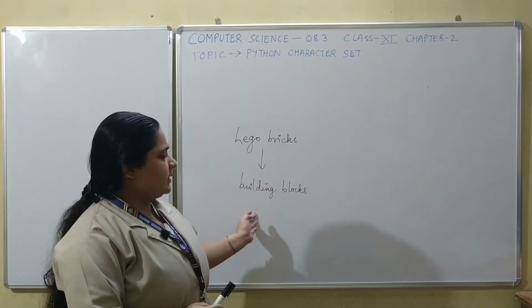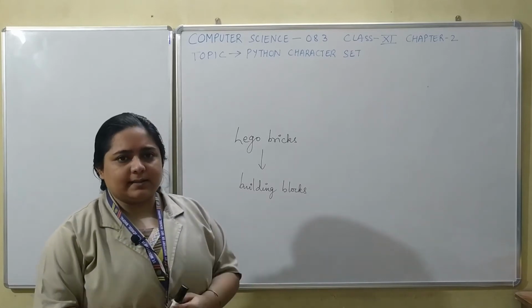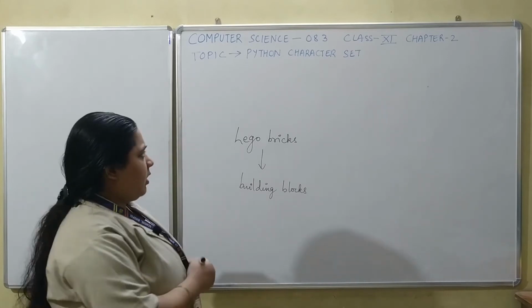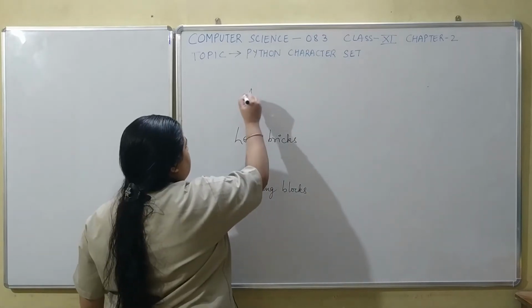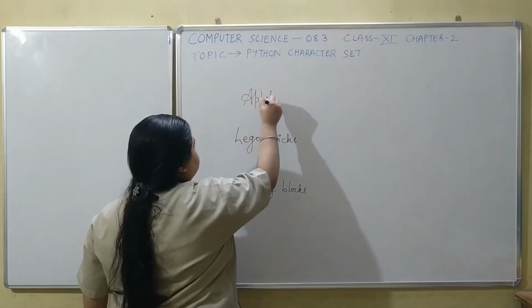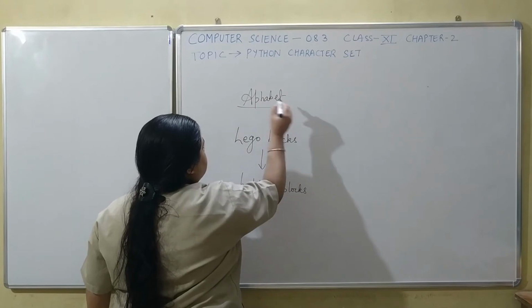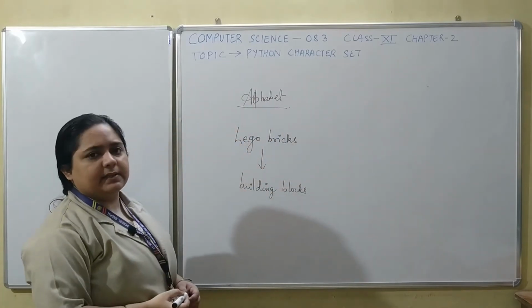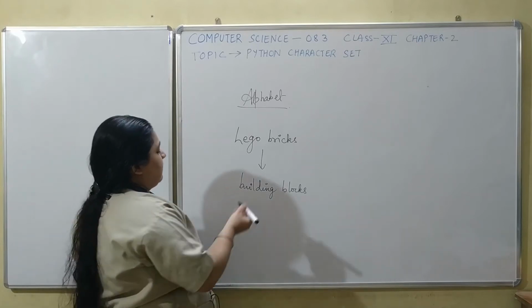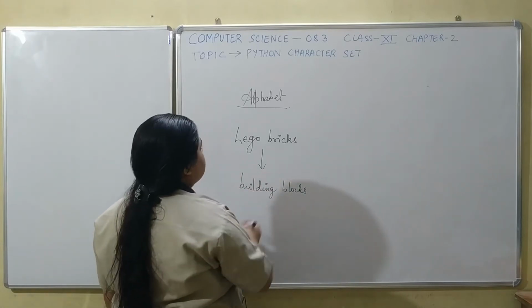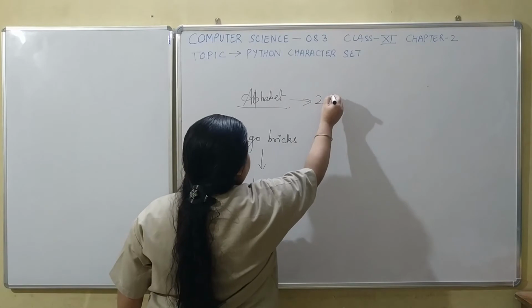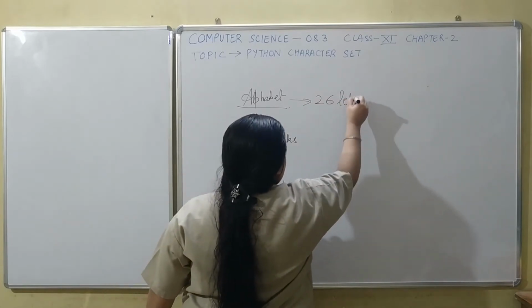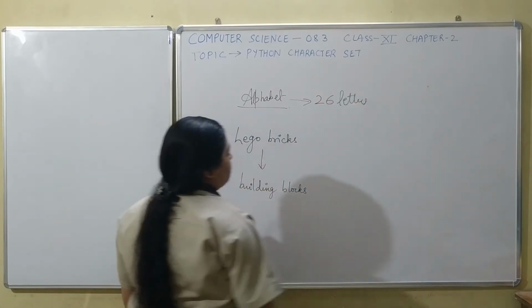We are going to see how a character set helps us. All of you are aware of the English alphabet, and you already know what it provides us. It provides us with 26 letters of the English language.